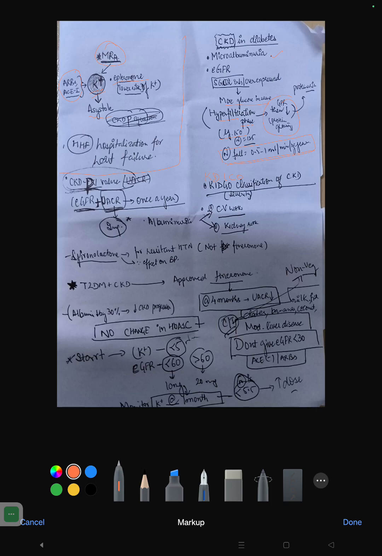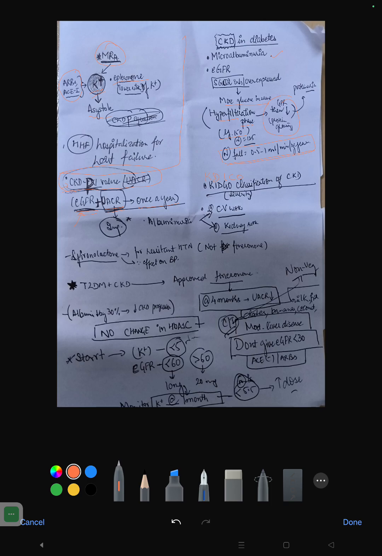In the end, there is one formula, the CKD-EPI formula, which we can use to calculate the eGFR in CKD patients. We should always remember that whenever a patient comes to us, we have to do eGFR levels and urine albumin creatinine ratio at least once a year, because sometimes eGFR is normal but UACR is abnormal, and we might miss the kidney involvement just looking at eGFR.